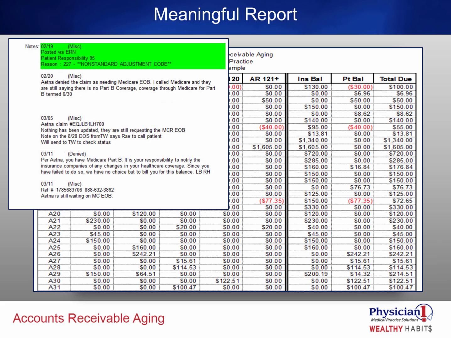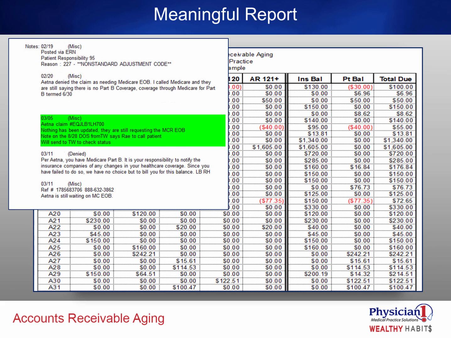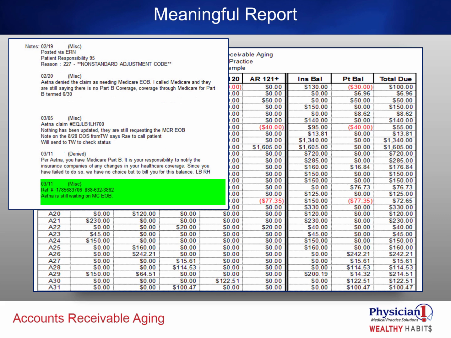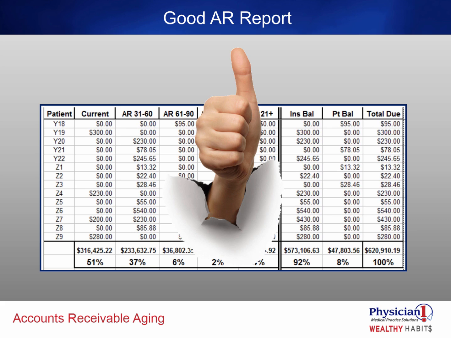Here's an example of the notes that my staff makes, but make it your policy that every staffer that touches a patient account makes a note. That way, no matter who looks at the account, including you, there will be a chronological history of what has happened. A clean AR means you're getting paid for your services, and that is what I call wealthy habits.